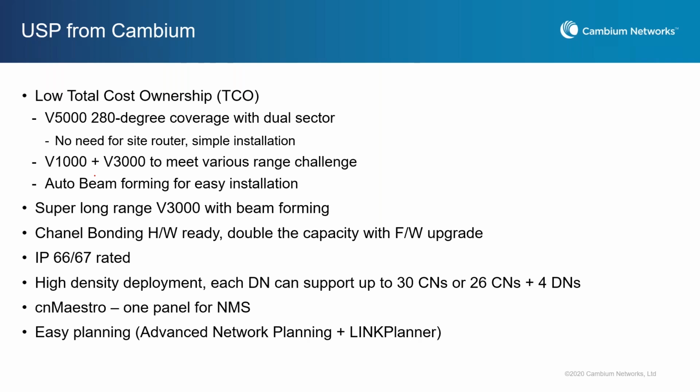We have high density deployment capability. With a single DN, V5000, we can support 30 devices. And because we're doing one channel, one network, things are pretty simple. We have seen cases of very high density deployment.